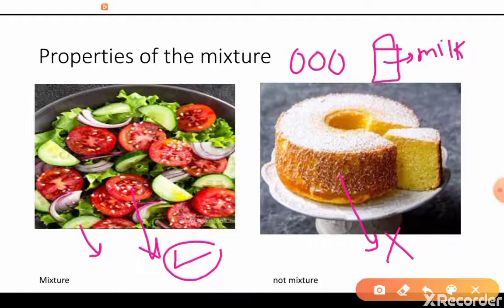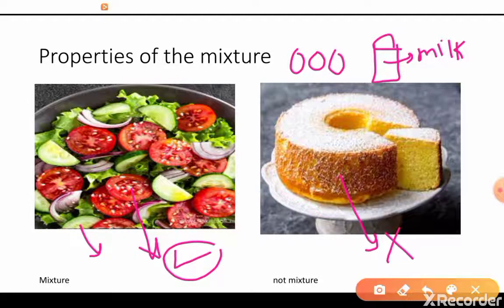So if I find anything made of different materials, it must be a mixture? No. It may be a mixture or may not. Again, we said if the substance is made of only one type, it's pure. If it's made of different types, is it a mixture? It may be a mixture. How can I know? Here I have a vegetable salad and a cake, and both of them are made of different substances, but the vegetable salad is a mixture and the cake is not a mixture.